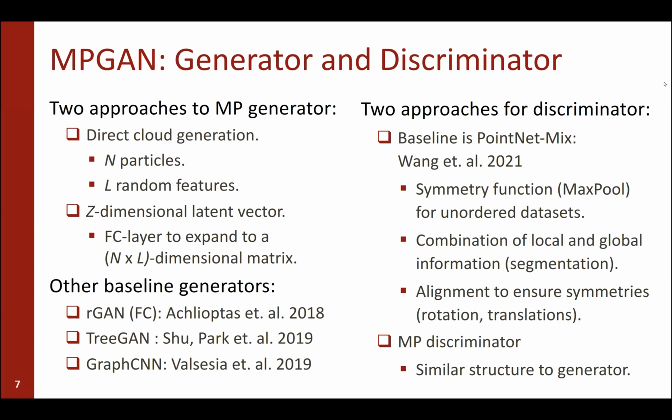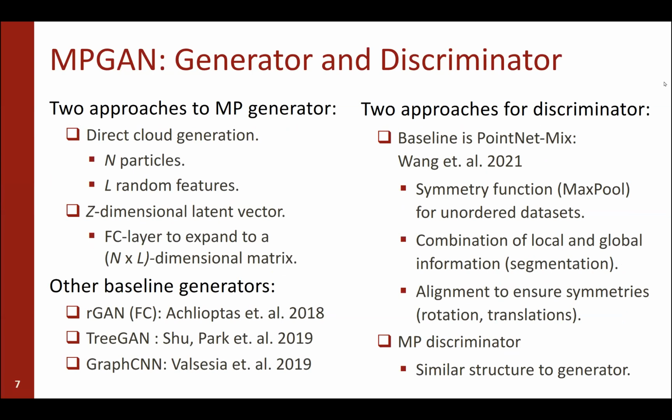Now, this is the idea, of course, but you have to set up some standard benchmarks to measure yourself against. So, first, for our generator, which is this message passing GAN, we are trying 2 approaches. You either directly generate the particle cloud with whatever n particles and L random features, or you try to simply generate a z-dimensional latent vector.